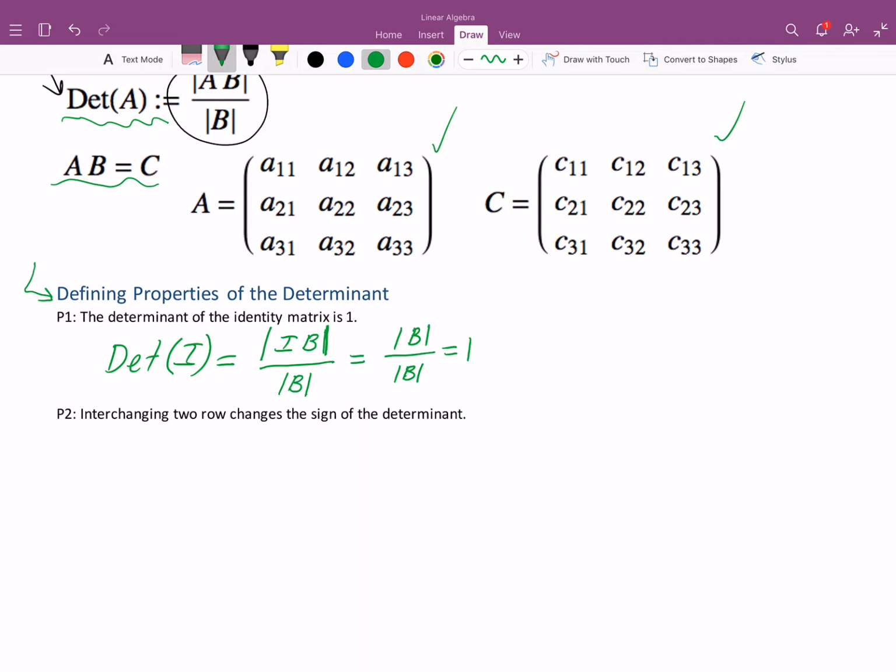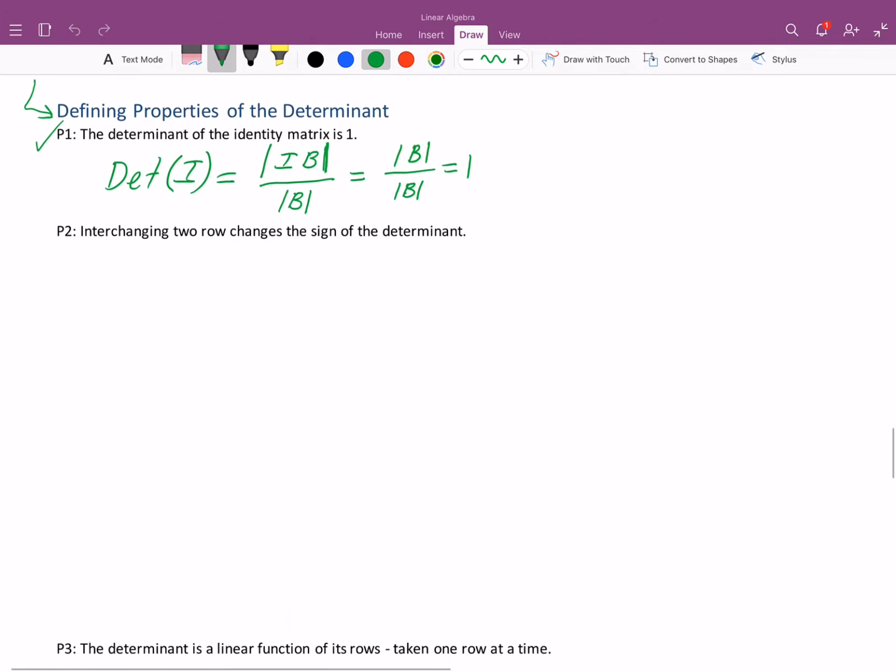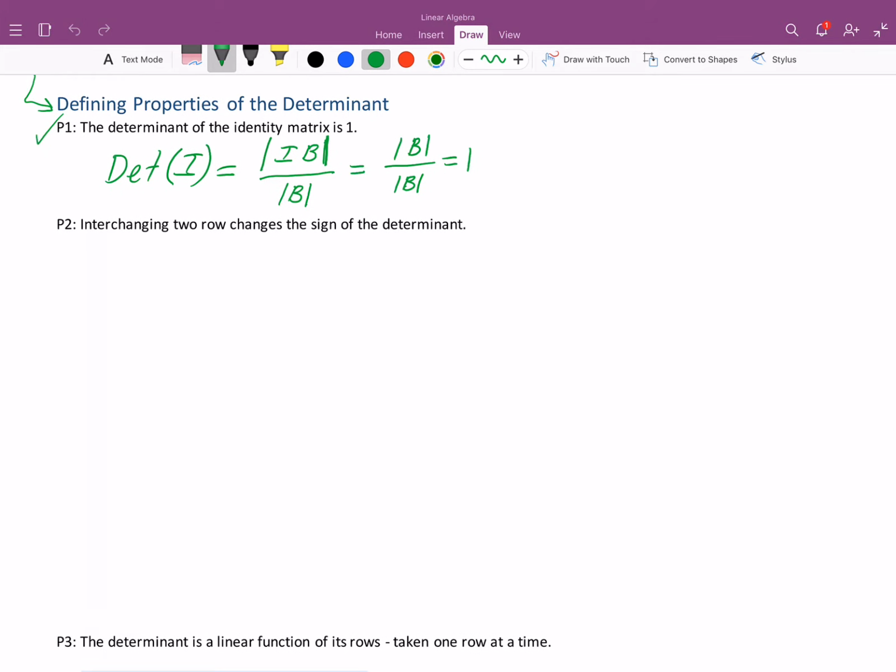That's it. So property 1 is satisfied by this new fancy determinant function. That's good. Now the next thing we want to show is that the second defining property holds.